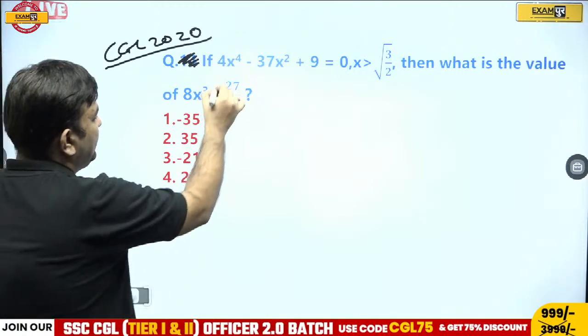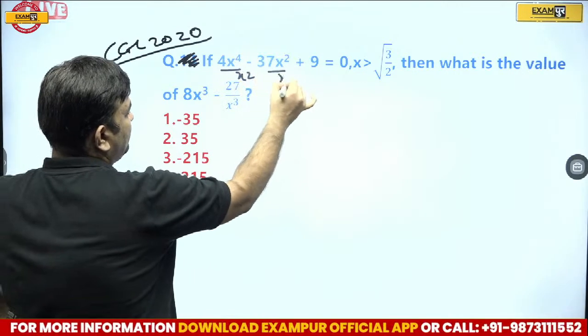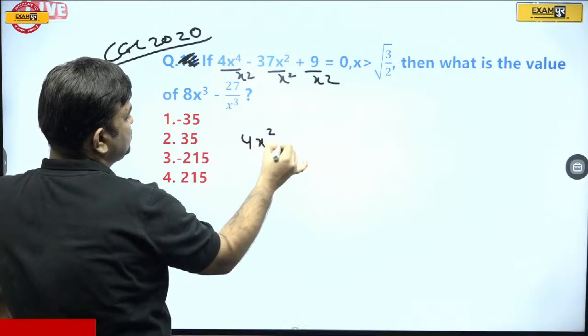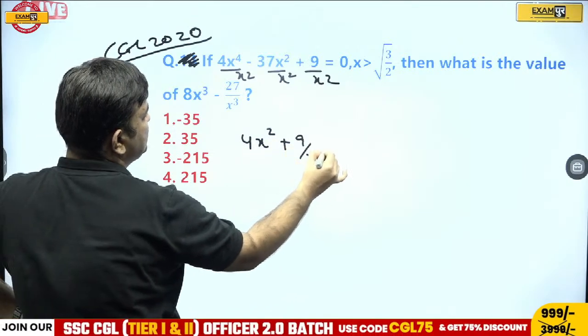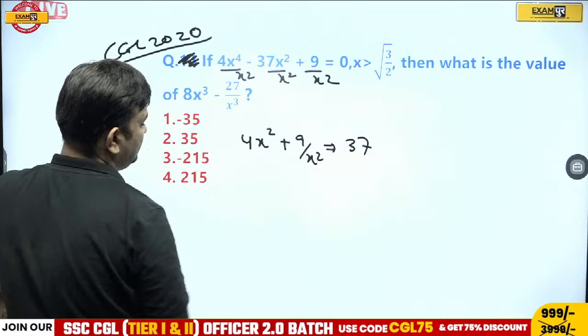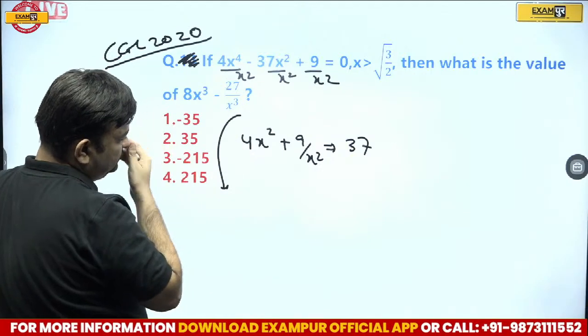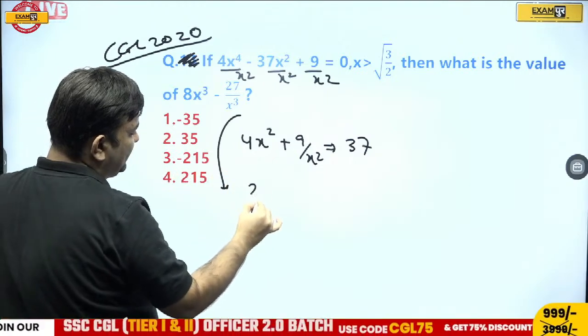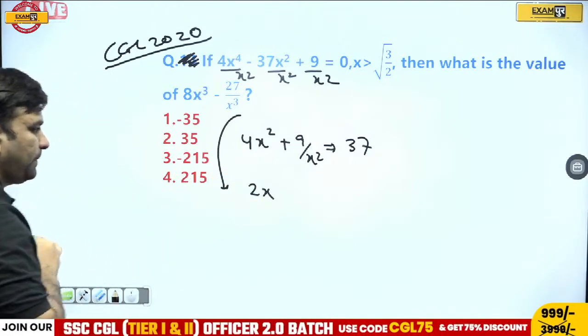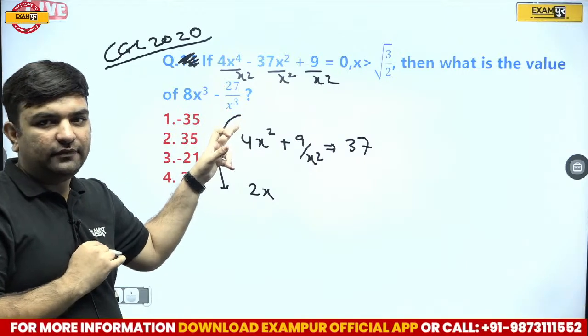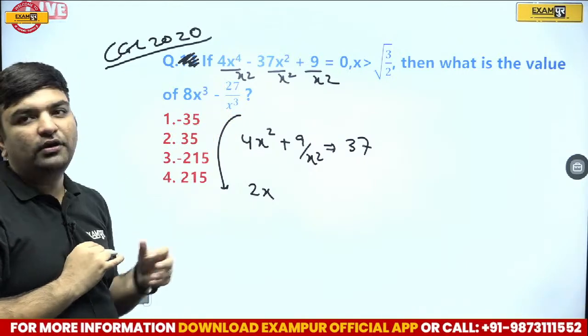Divide by x square. Four x square plus 9 by x square is equal to 37. Take the square root. Take the square root of 2x. Okay. Take it in the negative, guys, because ultimately I want a negative.